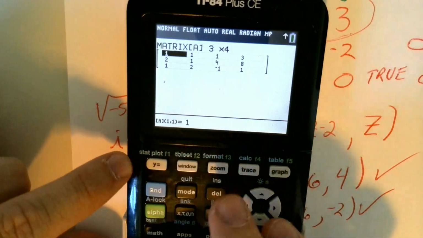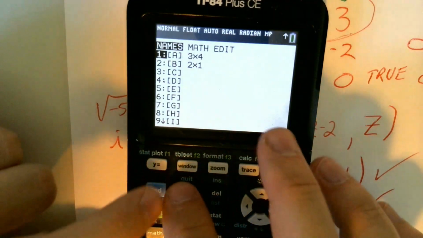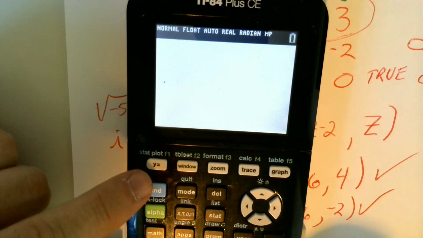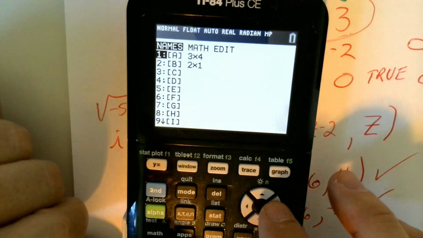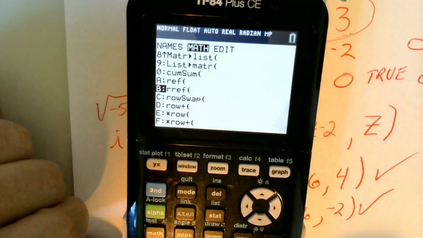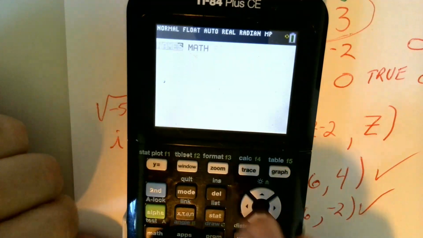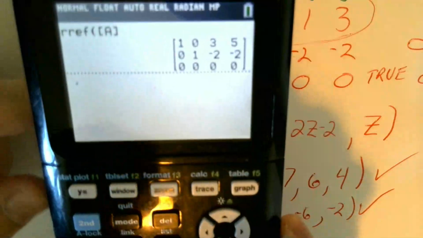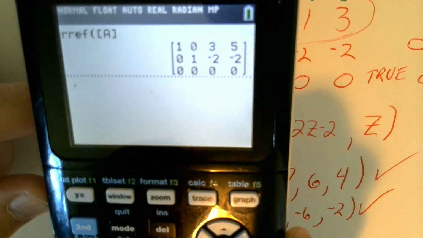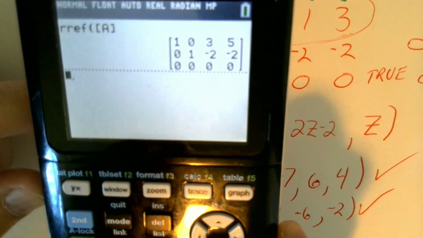And then second matrix, and home screen, and second matrix, middle column math. I'm going to do an RREF for that matrix A. And you can see bottom line 0, 0, 0, 0, 1, negative 2, negative 2, and 1, 0, 3, 5.